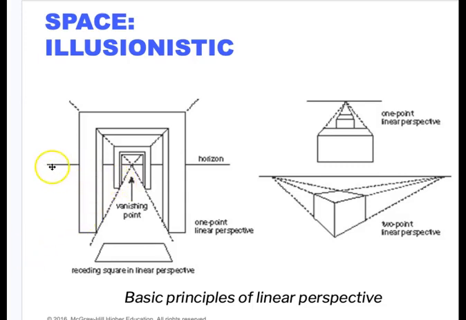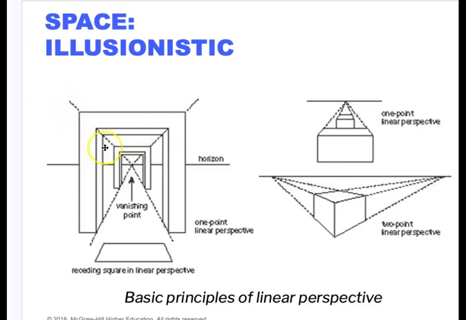I'm not going to go into it or make you do it, but it essentially is based on this idea that there's a horizon line. That represents your eye level. And then you put a vanishing point on the horizon line. That's where all the lines in the image are going to converge back to. And then anything you draw within this picture, the edges of it are going to angle back towards the vanishing point.